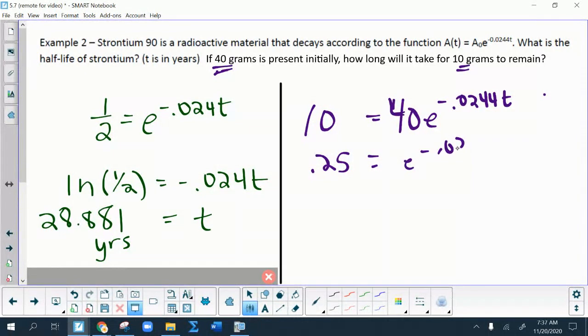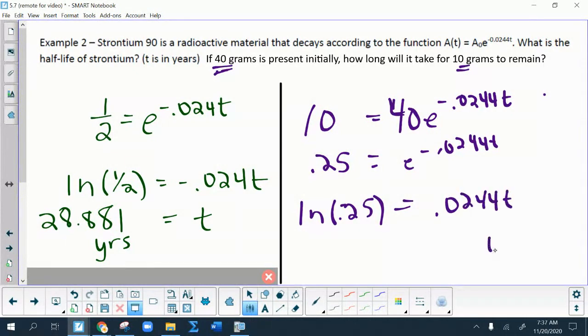And then we are going to rewrite this in log form, and also divide that answer by that negative 0.0244. Let me bring that calculator back up.